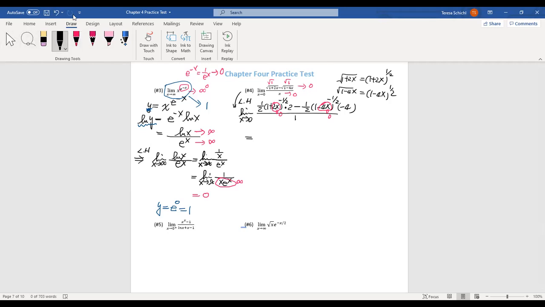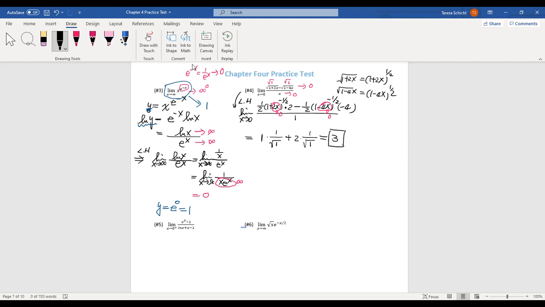Okay, so now let's simplify it. 2 and 2 is 1. So this is 1 times the square root of 1. Then negative times negative is a positive, it's a plus 2 times 1 over the square root of 1. So the answer here is 3.